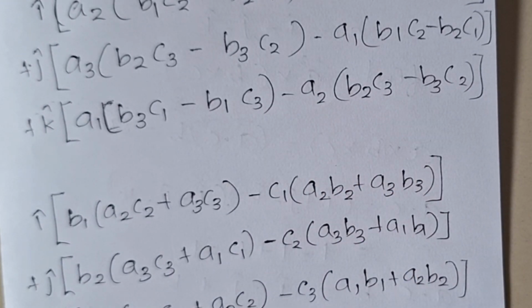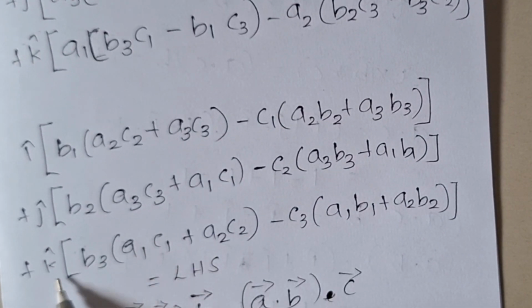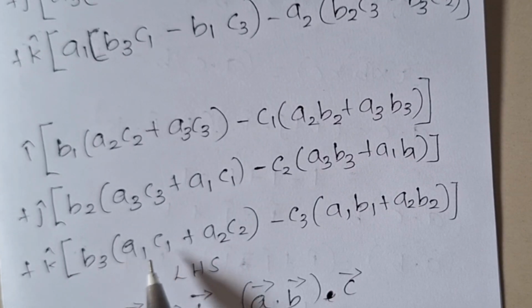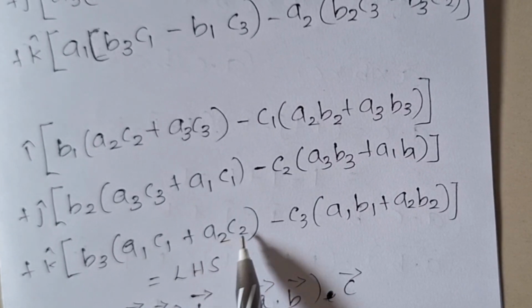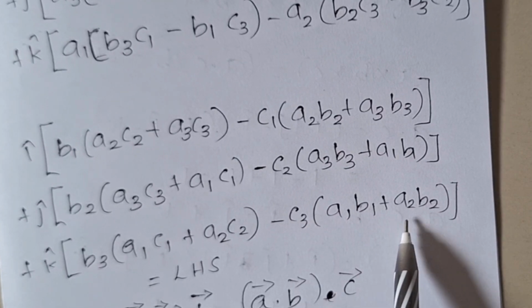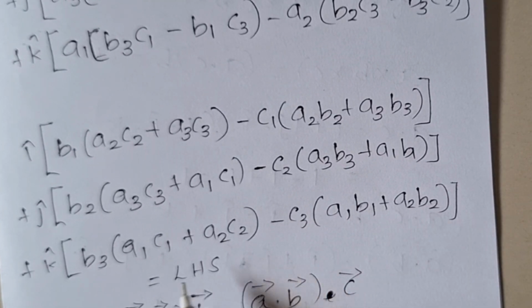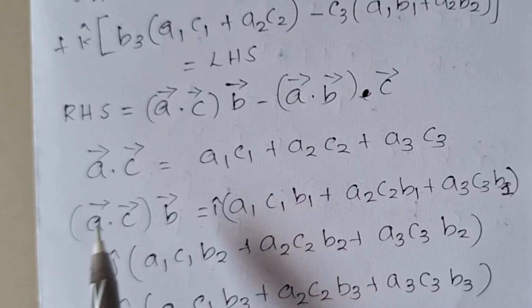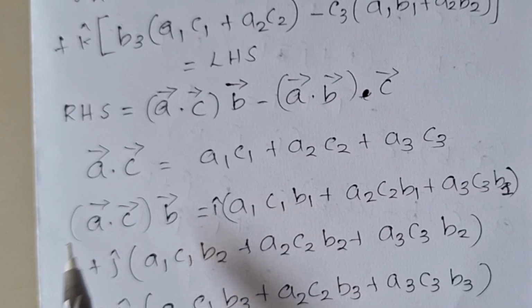So the formula is B3 into (A1 C1 plus A2 C2) minus C3 into (A1 B1 plus A2 B2). So this is the LHS.